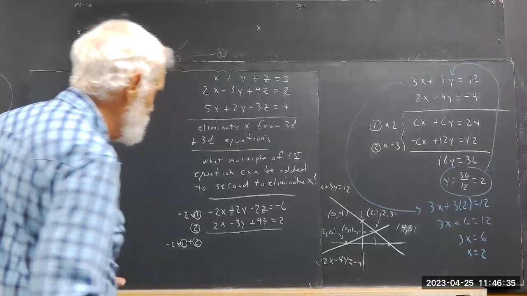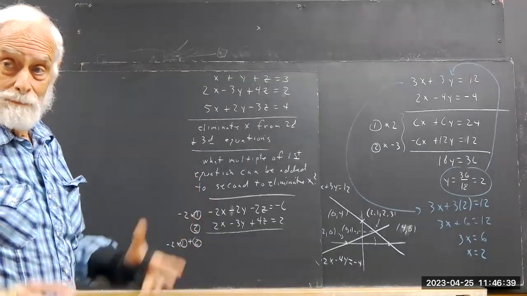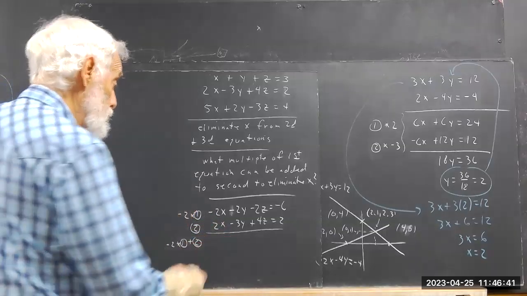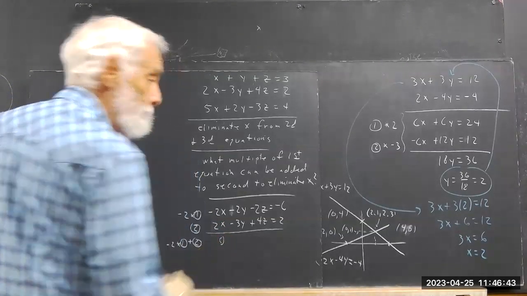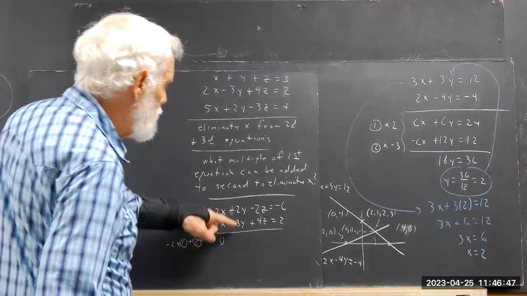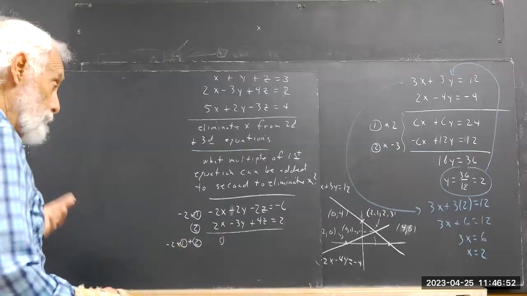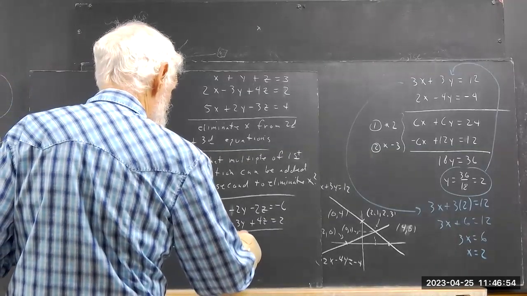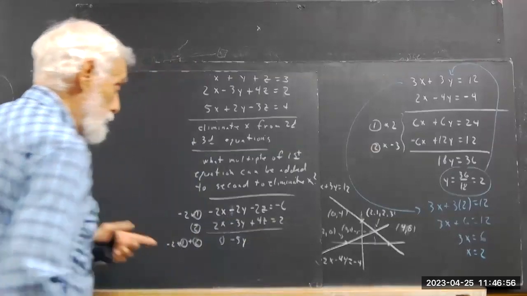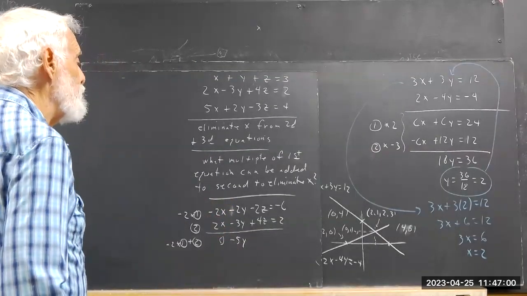Okay, so we have -2x and 2x. Those are equal and opposite, they give us 0. We have -2y and -3y, that's -5y.